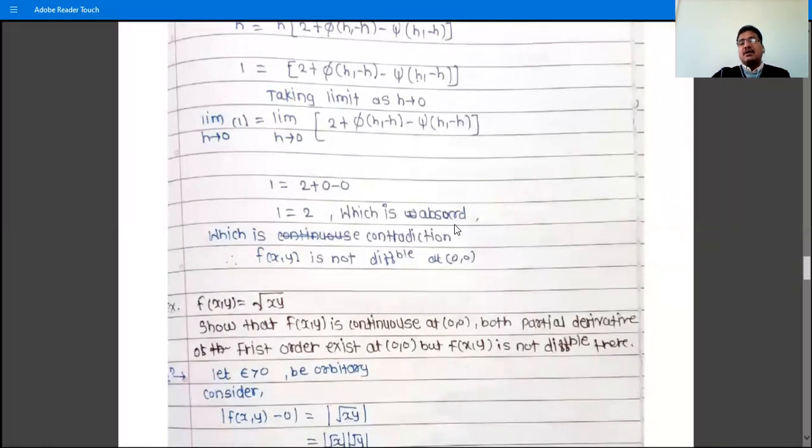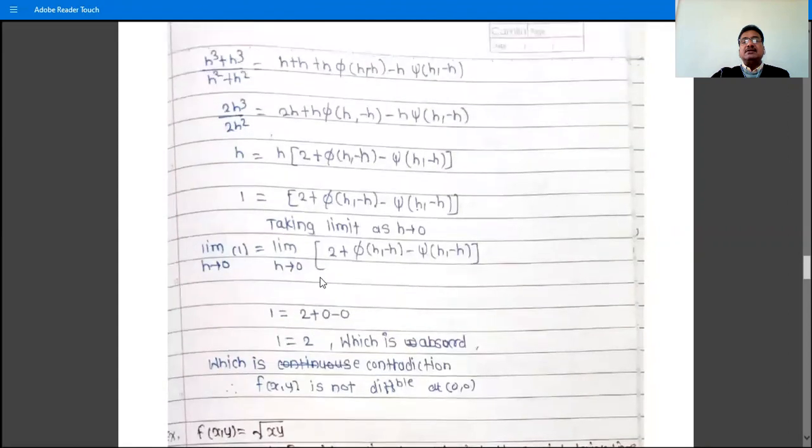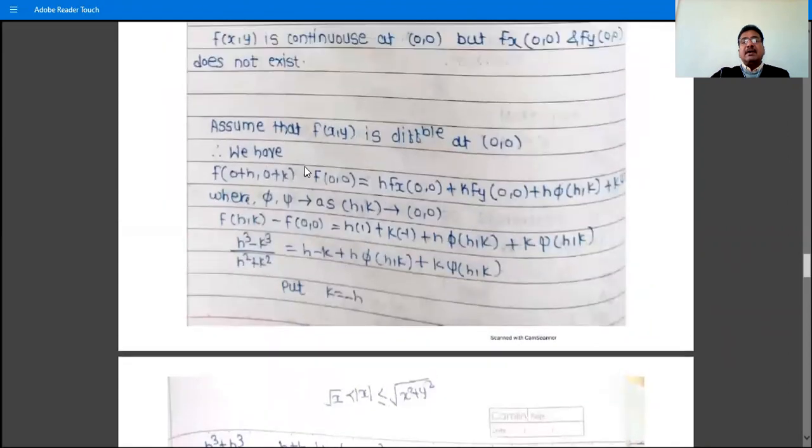And so we have 1 is equal to 2, which is absurd, which is wrong, which is a contradiction, because 1 and 2 are not equal. Why do we have this? Because our assumption is wrong.